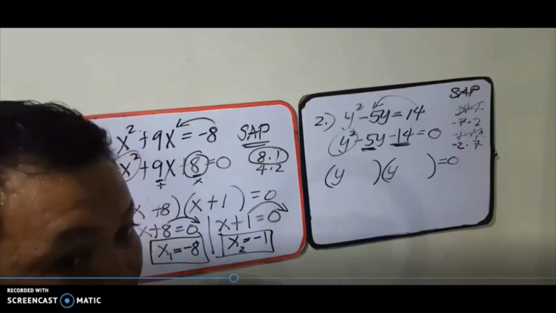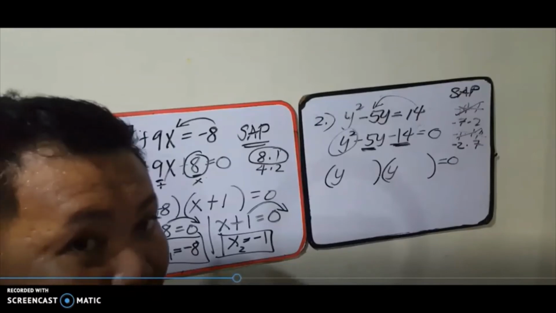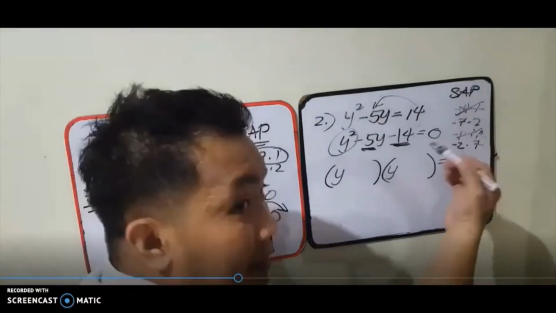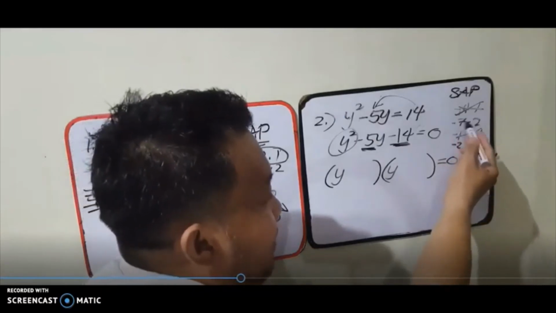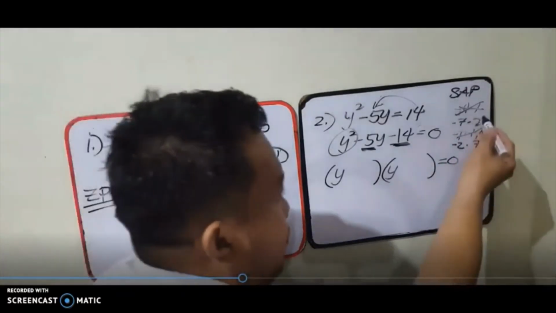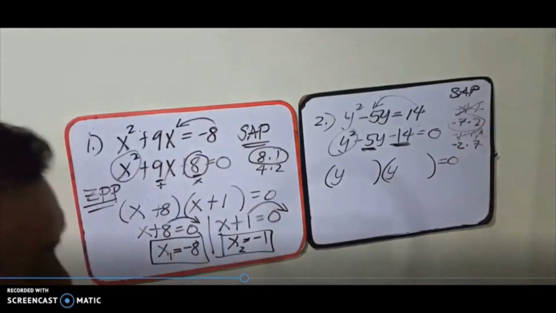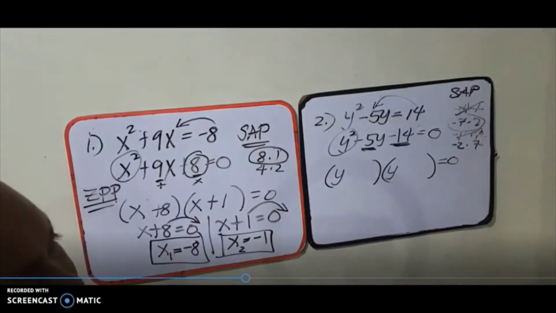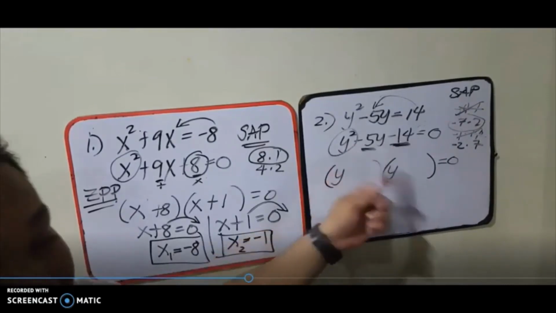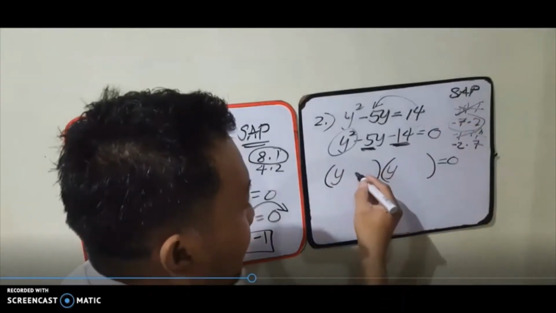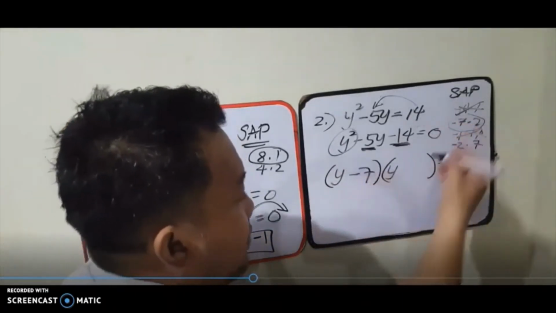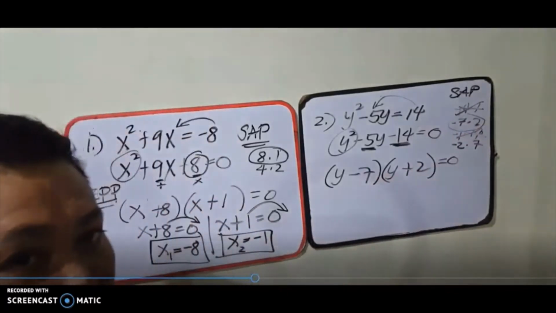So it should be the factors whose higher number is negative, and that higher number, regardless of the sign, is 7. Since it's negative, when we add the two, that would become negative 5. So these are the right factors. Those factors will form the factors of this quadratic trinomial, including their signs. Since it's negative, this will be minus 7, and since this is positive, that will be plus 2.